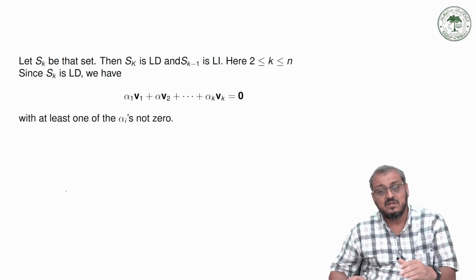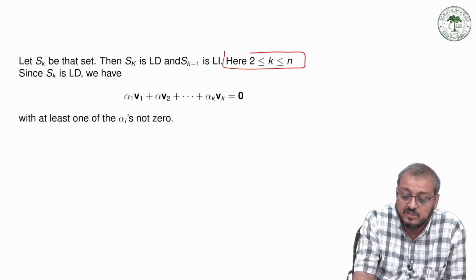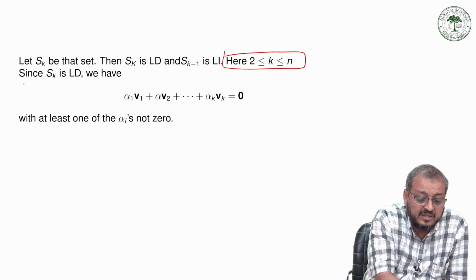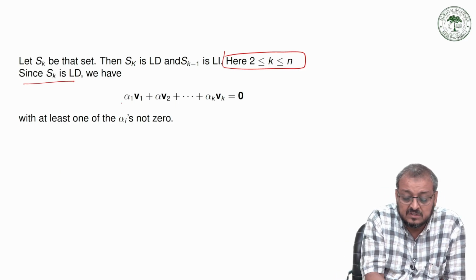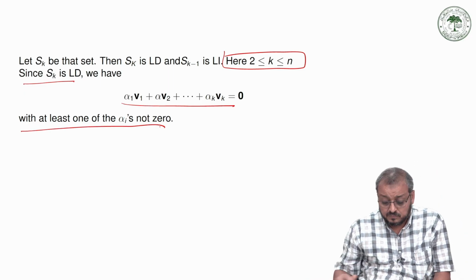We assume that k lies between 2 and n. Since Sk is linearly dependent, we have a linear combination equal to 0 with at least one of the alphas not equal to 0.